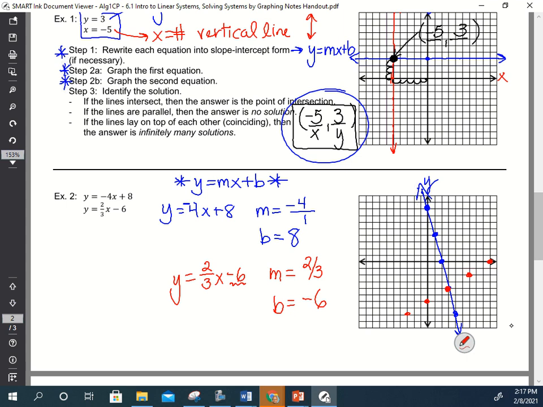Now, if you notice, you have a point that laid right on top of each other. So that means you're going to have exactly one solution. You just have to tell what is it going to be.